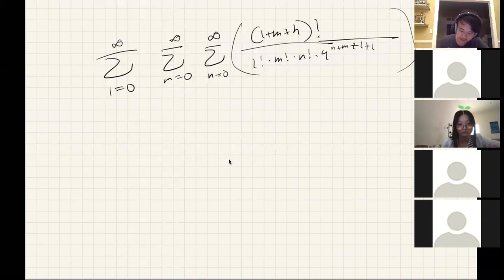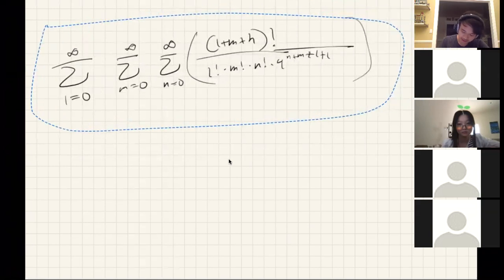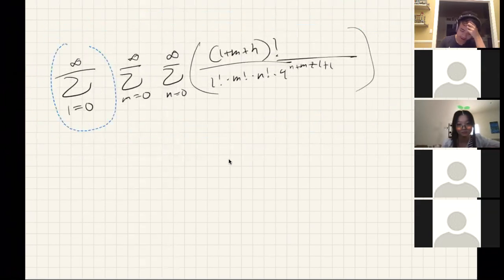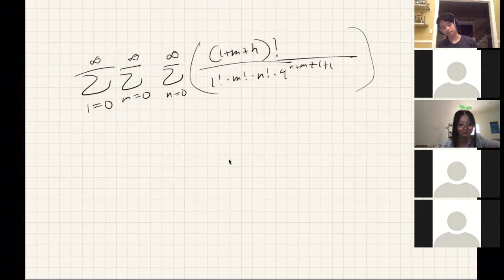This combinatorial sum is something that I made a while ago. It's a triple sum. You're evaluating the quantity L plus M plus N factorial over L factorial times M factorial times N factorial, and then times 4 to the power of L plus M plus N plus 1.